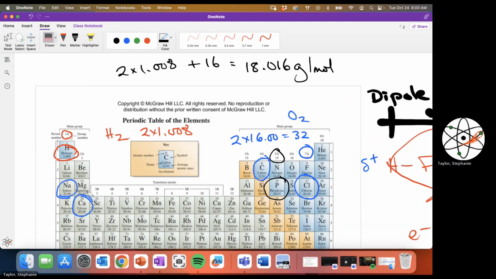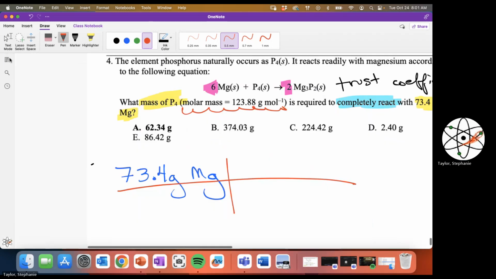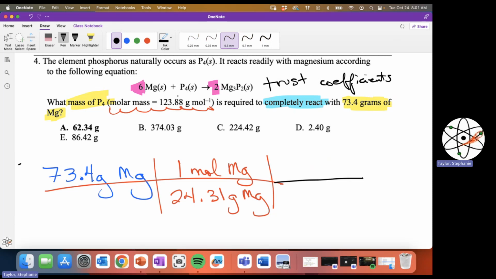I scribbled all over everything. Magnesium, 24.31. So 24.31 grams of magnesium in 1 mole of magnesium. But the question says I don't want magnesium. I would like phosphorus. So now I'm going to use my balanced chemical reaction.